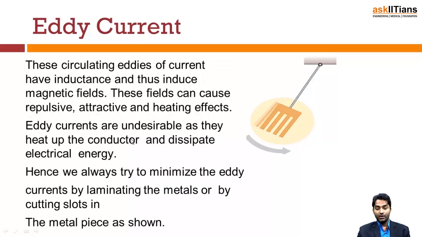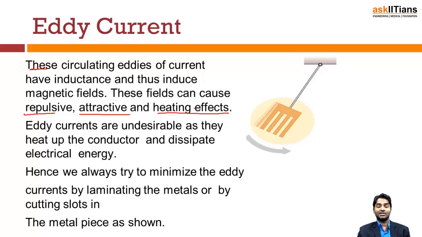And how can we avoid this? By laminating the coil. These circulating eddies of current have inductance and thus induce a magnetic field. These fields can cause repulsive, attractive, and heating effects. So the eddy current is a secondary current that causes back EMF, and when this current flows across the metallic part, which has some resistance, there is definitely heat production.